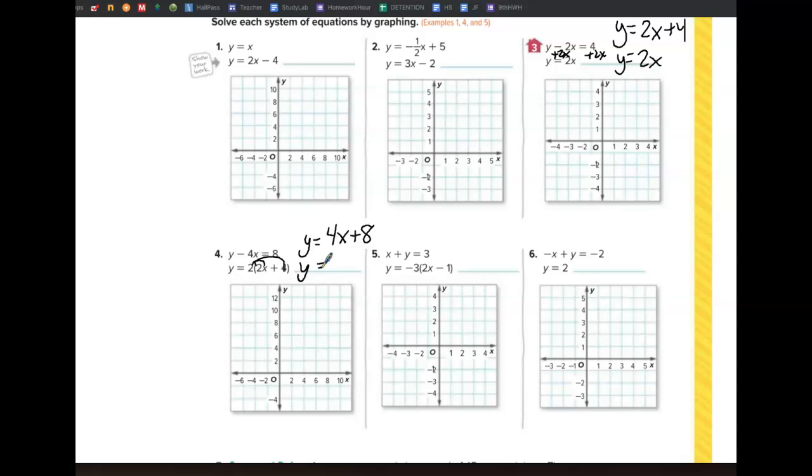Number 5, is y by itself? How do I get y by itself? I'm going to minus x. So y equals negative x plus 3. And then what do I have to do with the bottom one? Distribute.